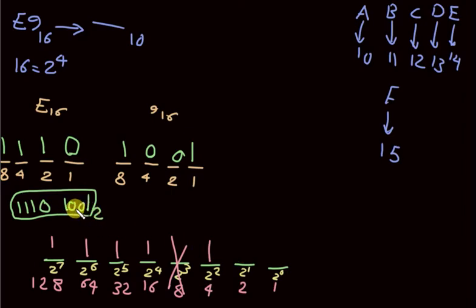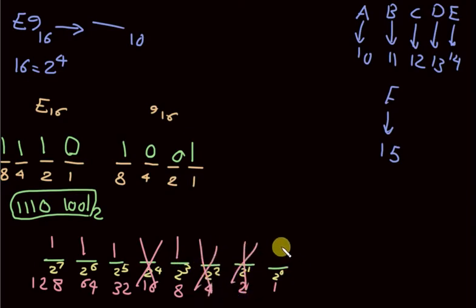Oh, wait a second. 1, 2, 3, 4, 5, 6, 7, 8. We made a mistake here. So this is 1, 2, 3. We don't have this number. And then we have a 1 here. We don't have this. We don't have this. We have a 1 here. So that means I have to add 128 plus 64 plus 32 plus 8 plus 1.